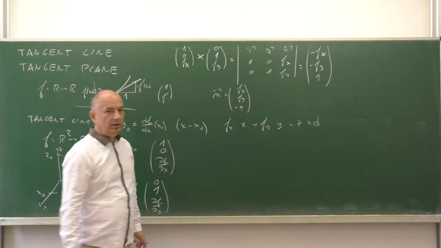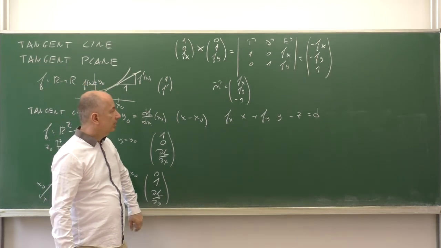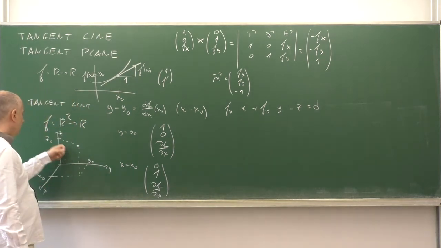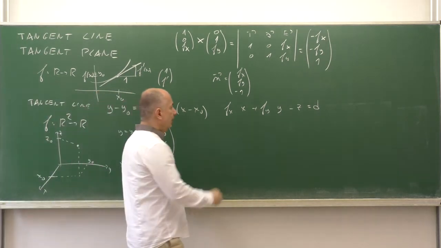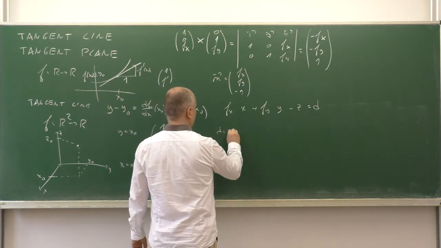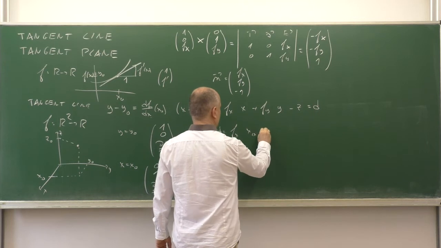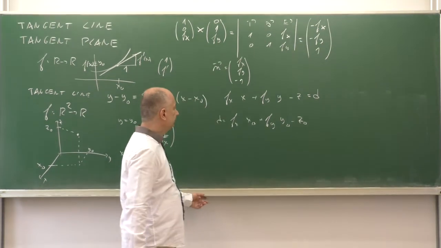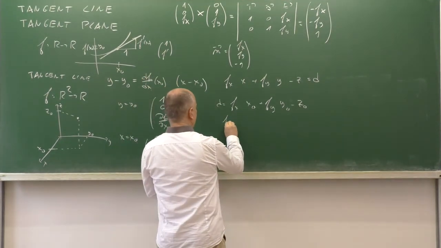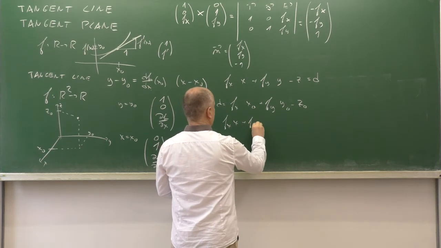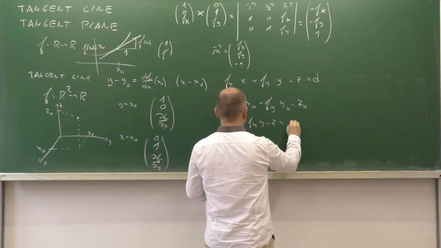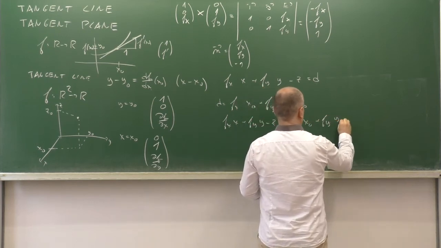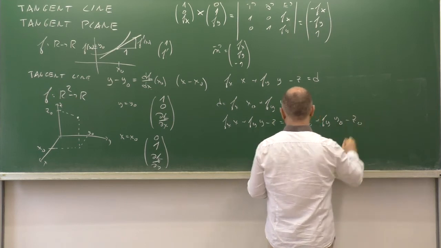And this constant d can be evaluated, because we want the plane to contain the point x0, y0, z0. So d can be evaluated as fx times x0 plus fy times y0 minus z0. So we have fx times x plus fy times y minus z is equal to fx x0 plus fy y0 minus z0.